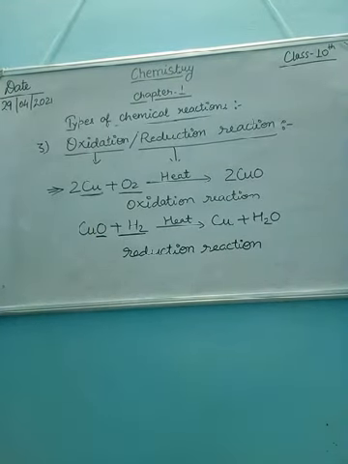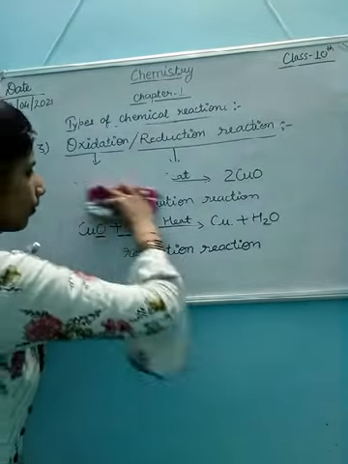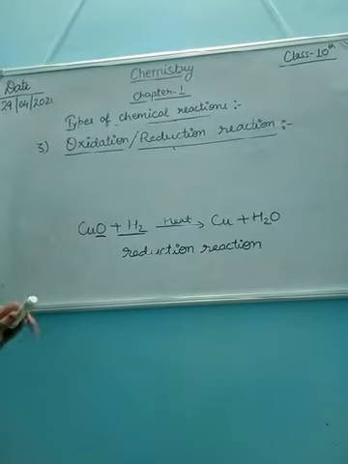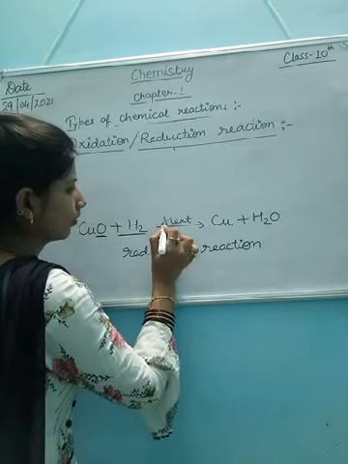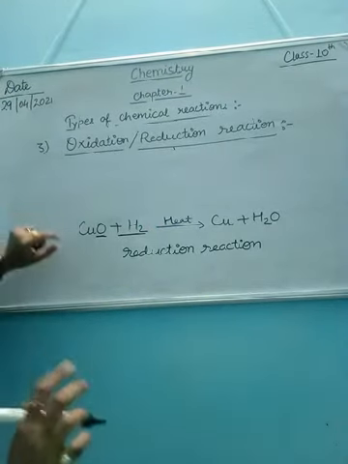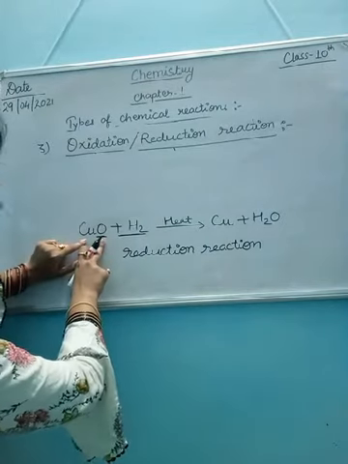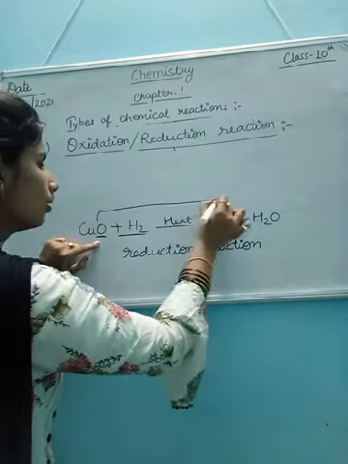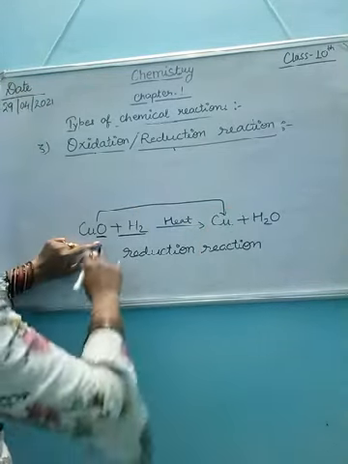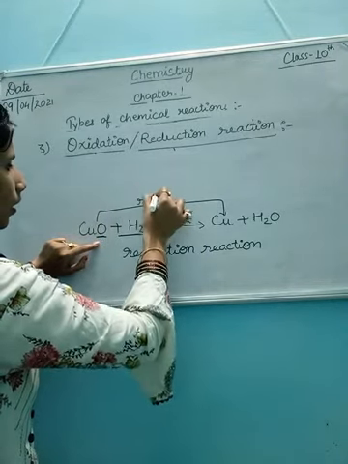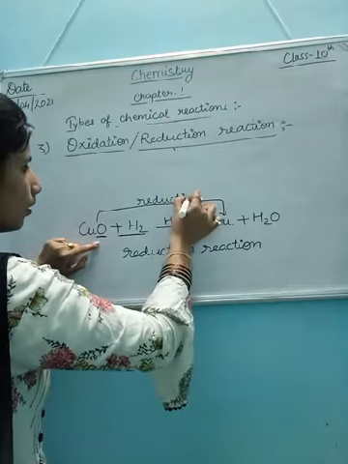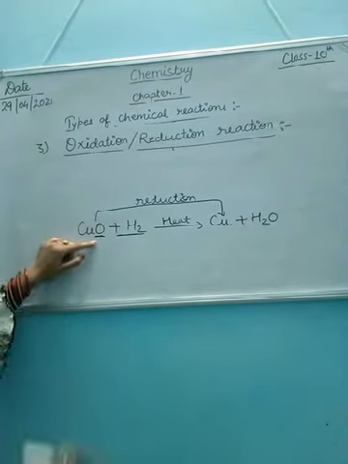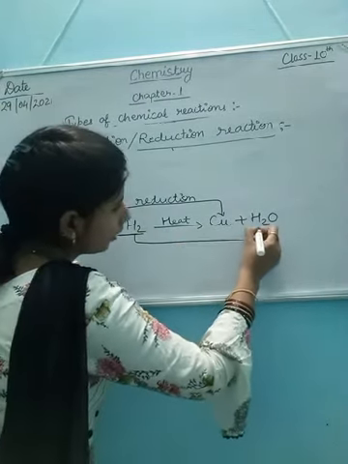Now see, in this reaction two things happen. Copper oxide, CuO, loses oxygen. That's why here reduction occurs. But in the same chemical equation, hydrogen gains oxygen.